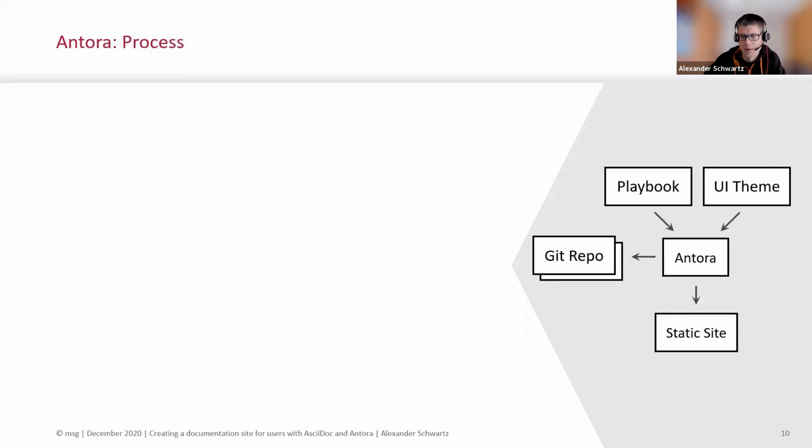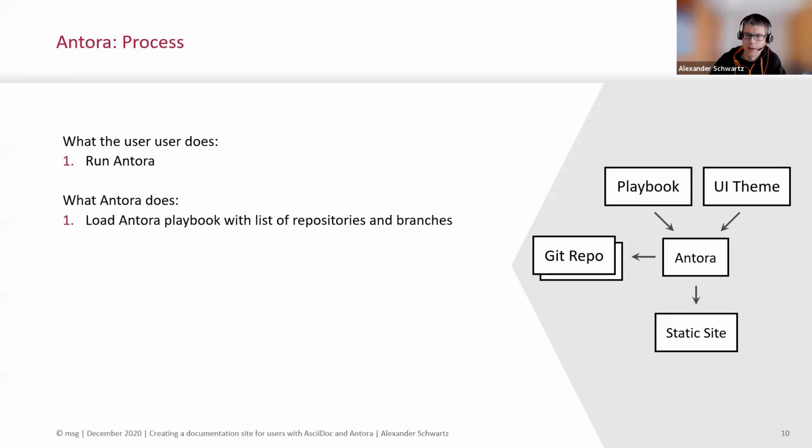Looking at the process of Antora, the user runs Antora. It's a command line tool. You can wrap it into, as we see, a package JSON and some package managing using Node. But in the end, you have one command line that you run with Antora, and then Antora starts off and loads a playbook.